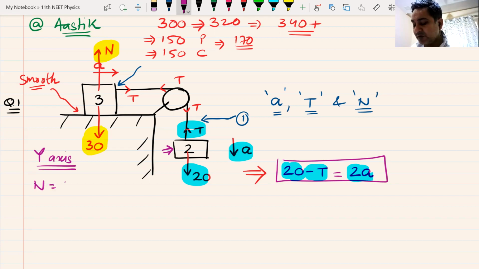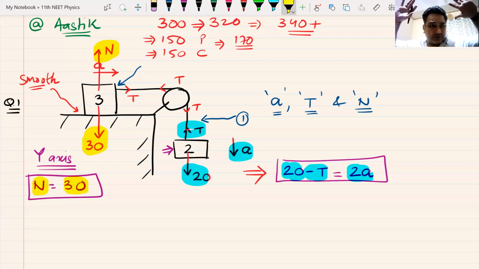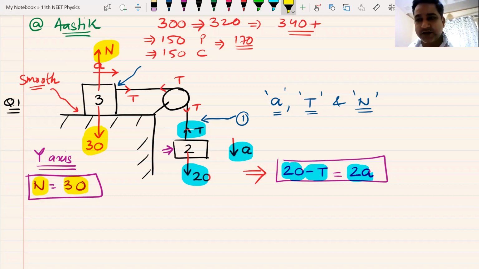So N becomes equal to 30 newtons. Do we understand this? The normal reaction becomes 30 newtons.